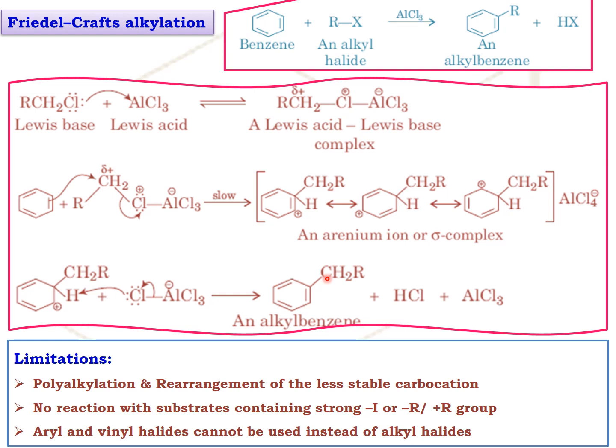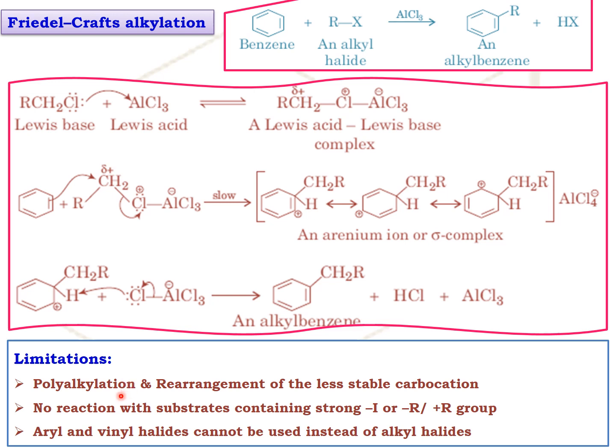Here, there are some limitations for this alkylation reaction. First one is polyalkylation. What is that polyalkylation? Bromination, nitration, sulfonation, we had seen that. Once these groups are introduced into the benzene ring, the product obtained is found to be less susceptible to further electrophilic attack.